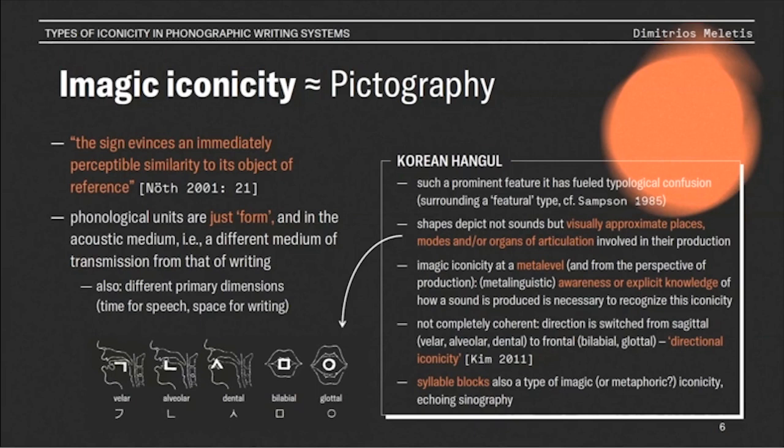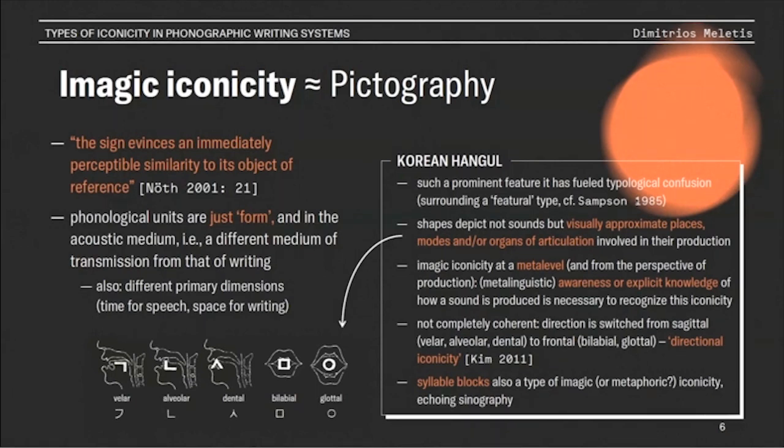Not as important as for us linguists who have gone crazy for it, and which has led to a lot of typological confusion. But of course, featurality per se is an important feature of writing systems. I will get to that later.